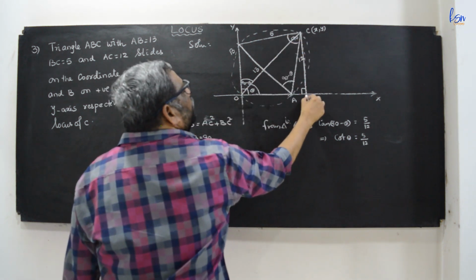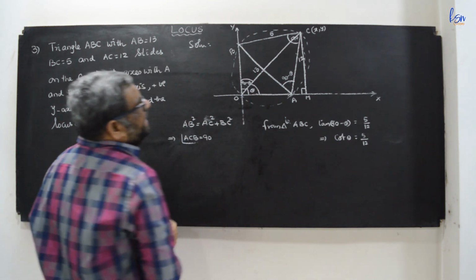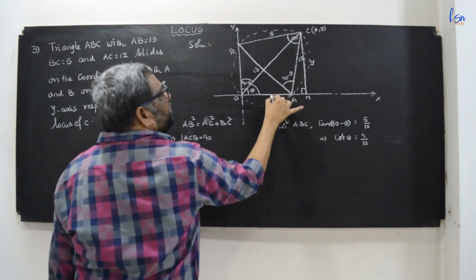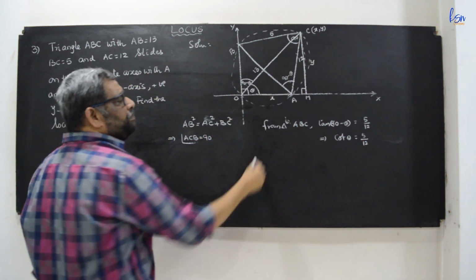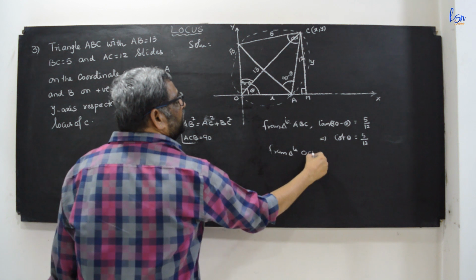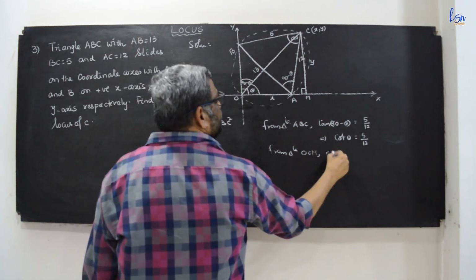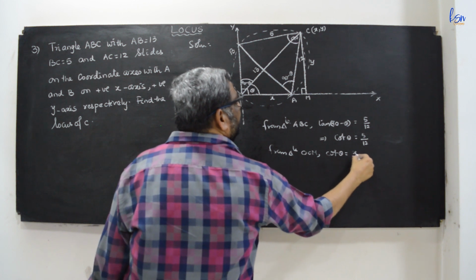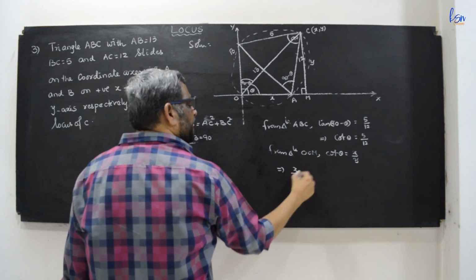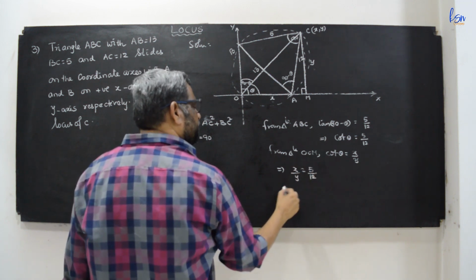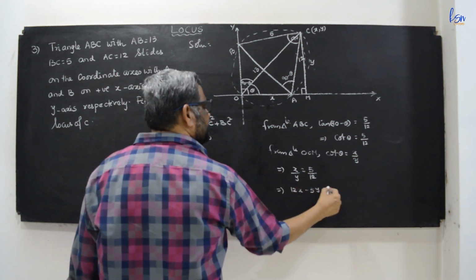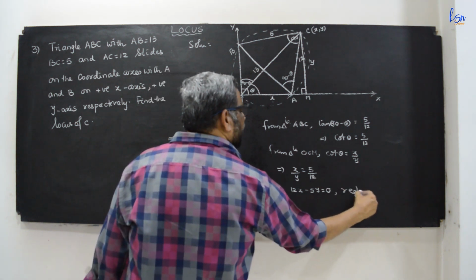You call this point M. Triangle OCM is a right angle triangle. Now this distance CM is y and of course OM is x. And therefore from triangle OCM, cot theta is equal to x by y, which implies x by y equal to 5 by 12. You can leave the locus like that, otherwise 12x minus 5y is equal to 0 is the required locus of C.